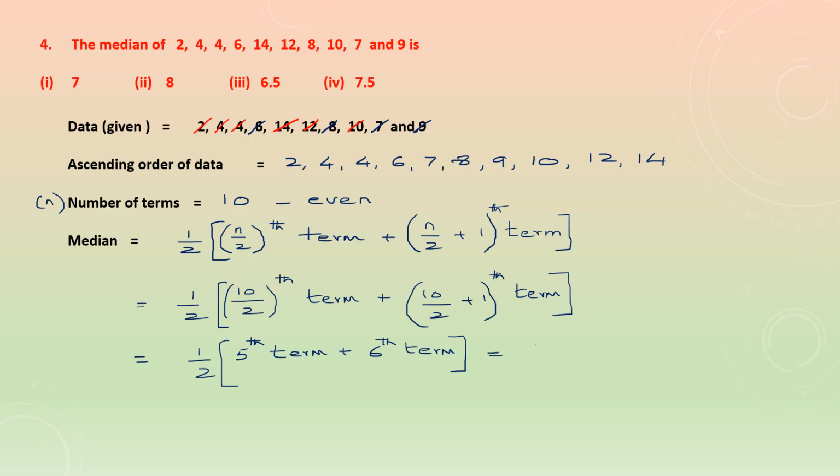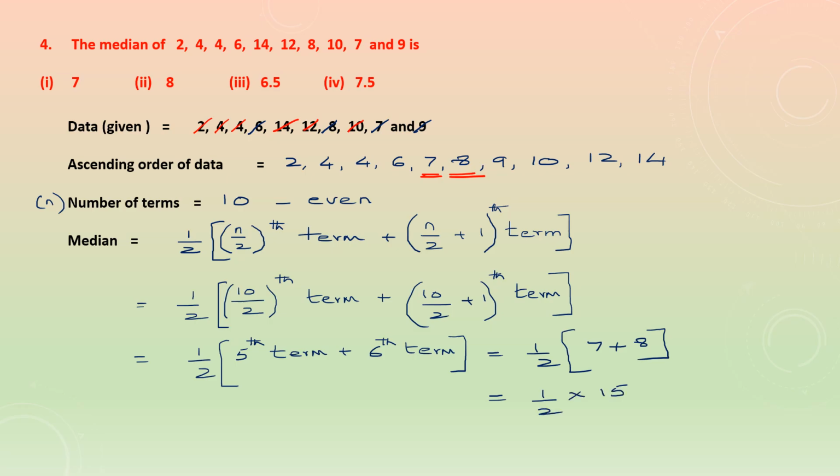So here, half into the fifth term. So let's count the fifth term. 1, 2, 3, 4, 5. So the fifth term is 7 plus the next one, the sixth term, which is 8. So 7 plus 8, which is equal to half into 7 plus 8 is 15.